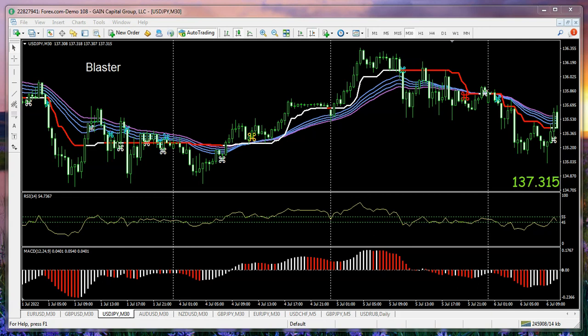This template, called Blaster, uses our very basic multiple moving averages plus the Trend Magic to give you an incredibly high probability of success whenever you enter a trade. If that's of interest to you, we're going to show you all the detailed steps in the next 10 or 15 minutes. So hold on to your hat and we'll be right back.